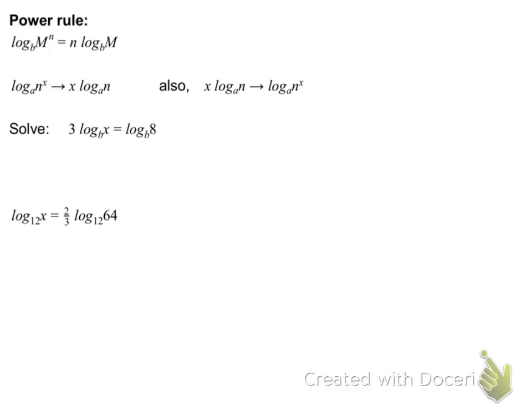The last law is called the power rule. The power rule states that if you have a log base b of m, and m happens to have an exponent on it, that exponent can go out front. That's why n is out front here, and it's n times the log base b of m.